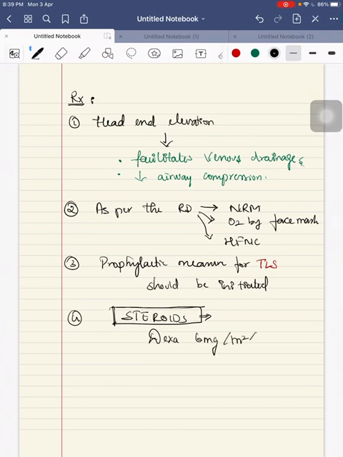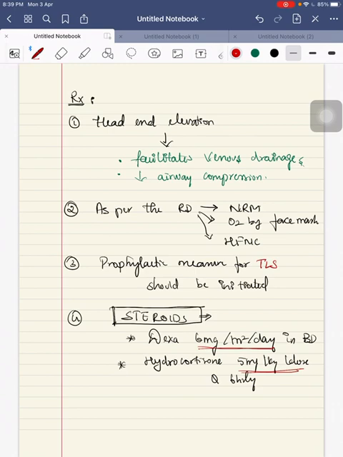You can use dexamethasone at the dose of 6 mg per meter square per day in BD dose, or you can use hydrocortisone at the dose of 5 mg per kg per dose Q6-hourly.